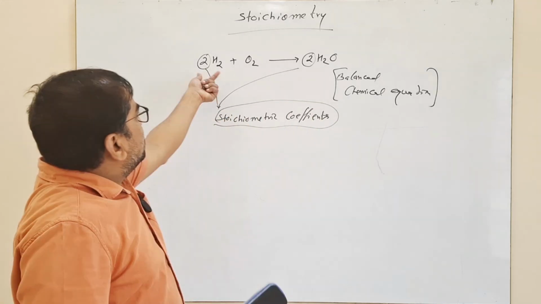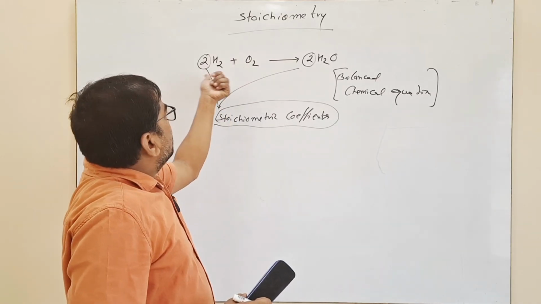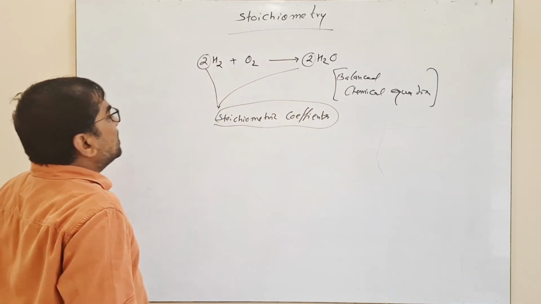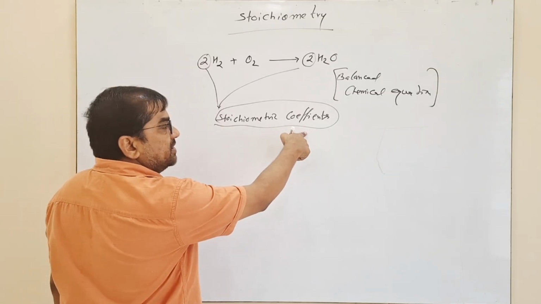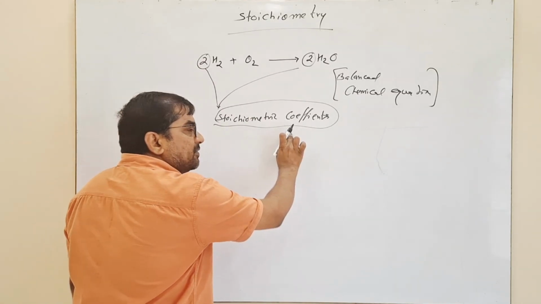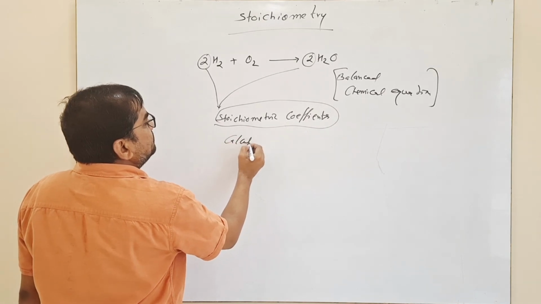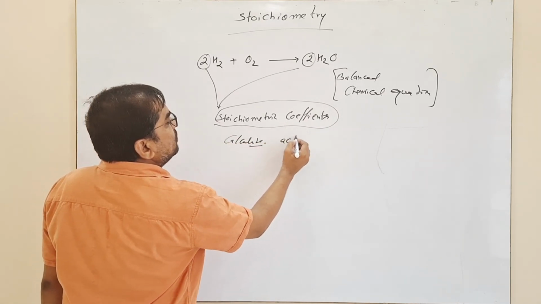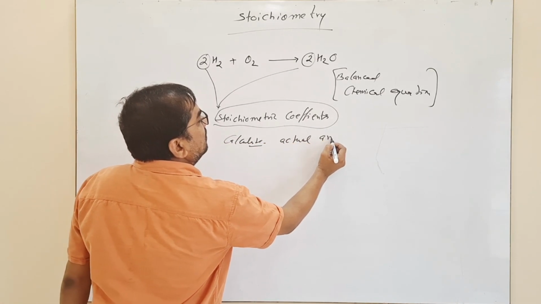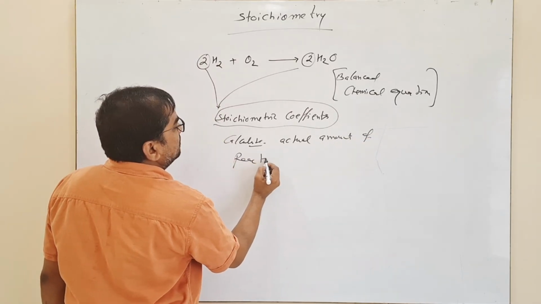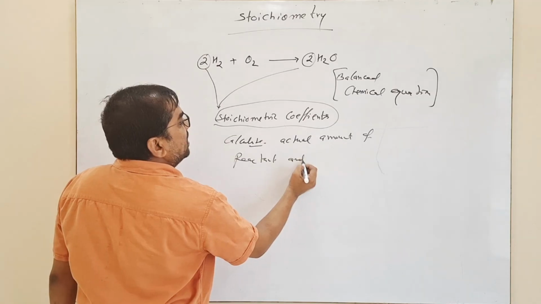So what are stoichiometric coefficients? The whole numbers placed before the reactants and products in a balanced chemical equation represent stoichiometric coefficients, and with the help of these coefficients we can calculate the actual amount of reactant and product.